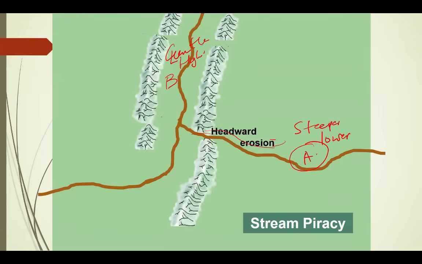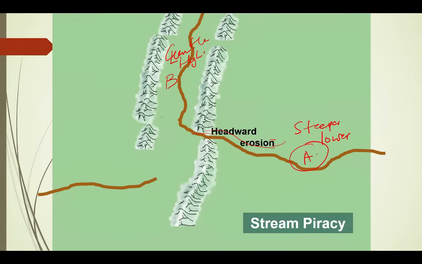So at the point where they join, what's going to happen? This water is going to flow towards the lowest point. This water is going to follow a steep gradient towards the lowest point. And then what is happening now? This is what we call river capture or stream piracy.